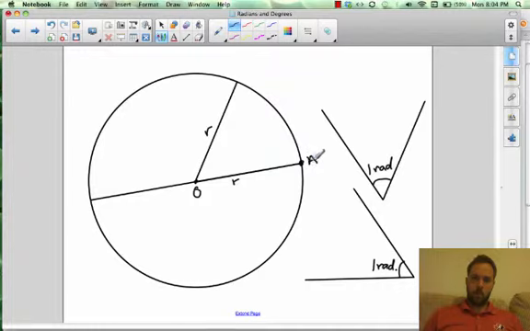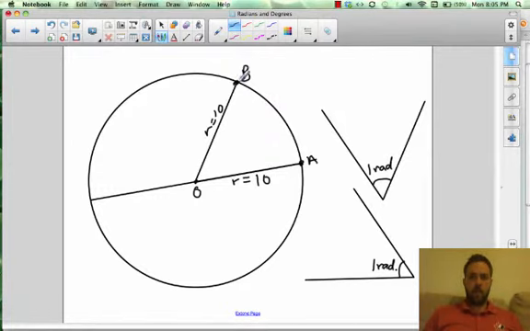So segment OA and segment OB. Now, if we assigned this a random value, we don't know exactly what the size of this circle is, but let's say we assign this a random value of 10. So the radius is 10 units. Doesn't matter what the units are right now. It's just to show a comparison.